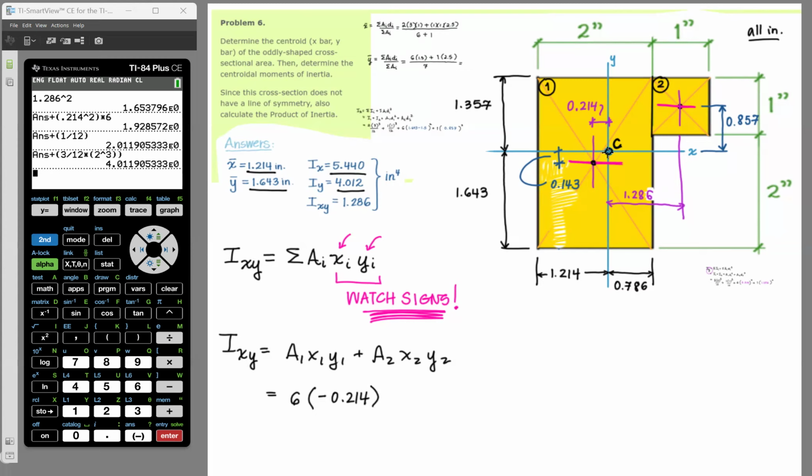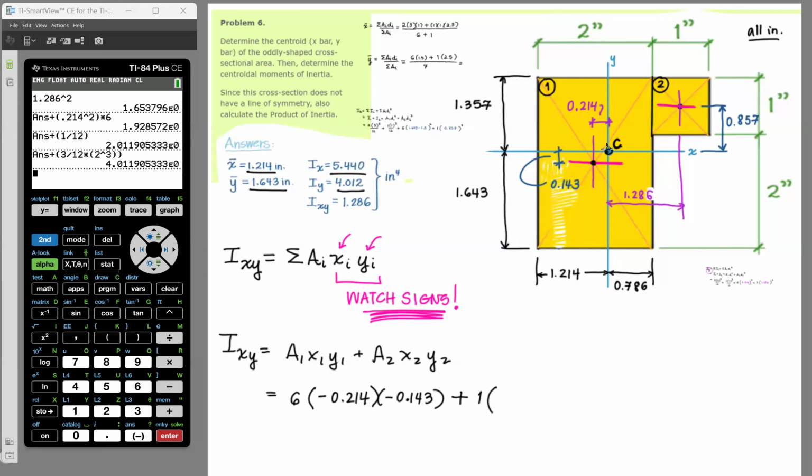To go from my centroid to the centroid of shape 1, I go negative 0.143 inches. So the negative signs will multiply and turn into a positive in that term. Area 2 is the 1 by 1, so 1 inch squared.